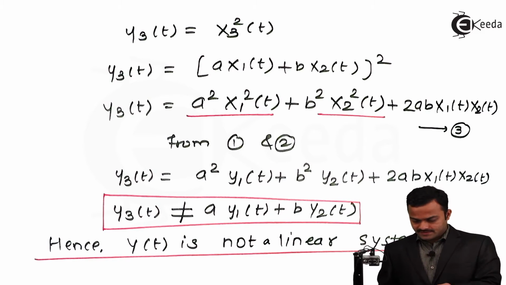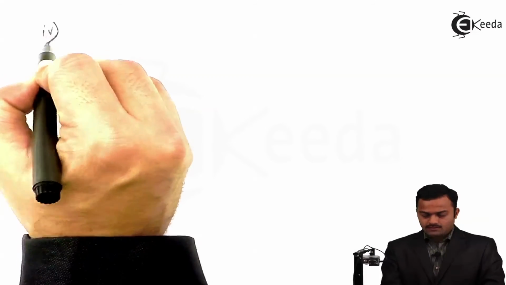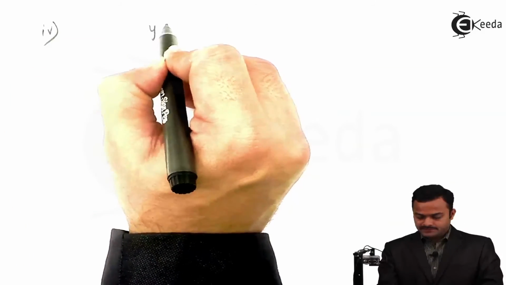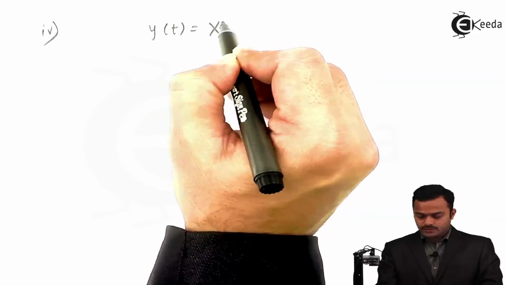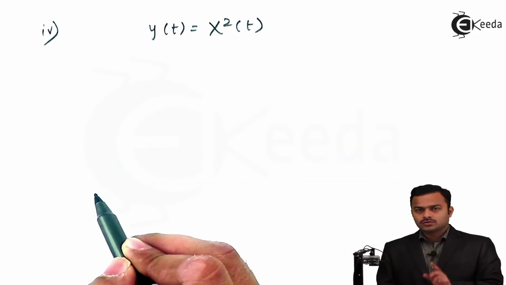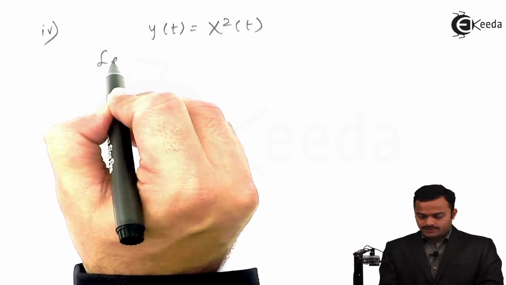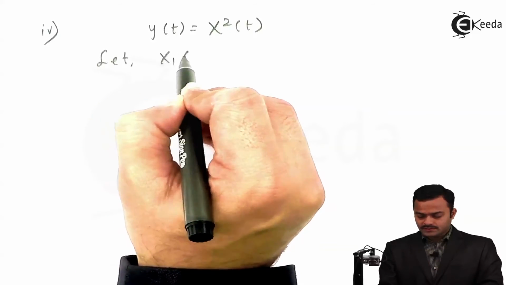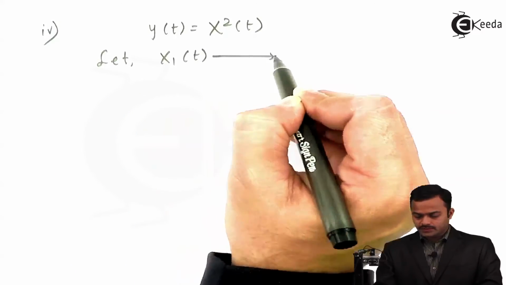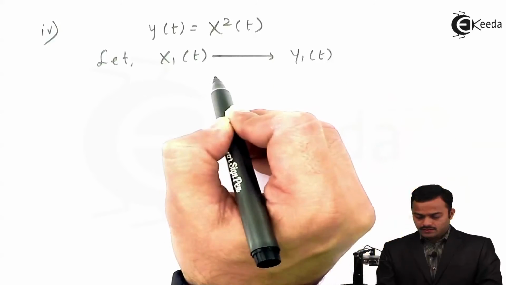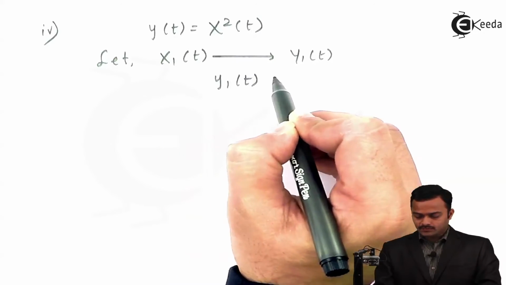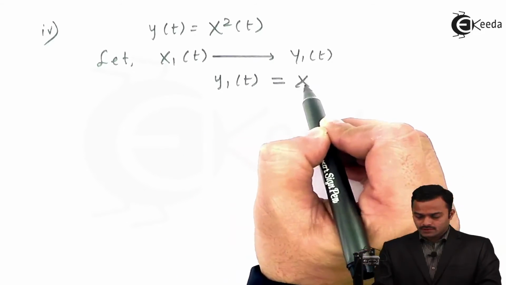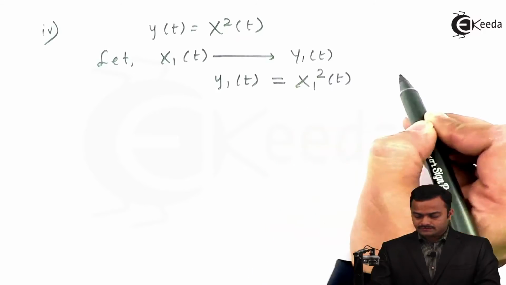Let's go to time invariance. I have the system represented by y of t equal to x square t. To this system, let input x1t be applied to get output y1t, and y1t is x1 square t.